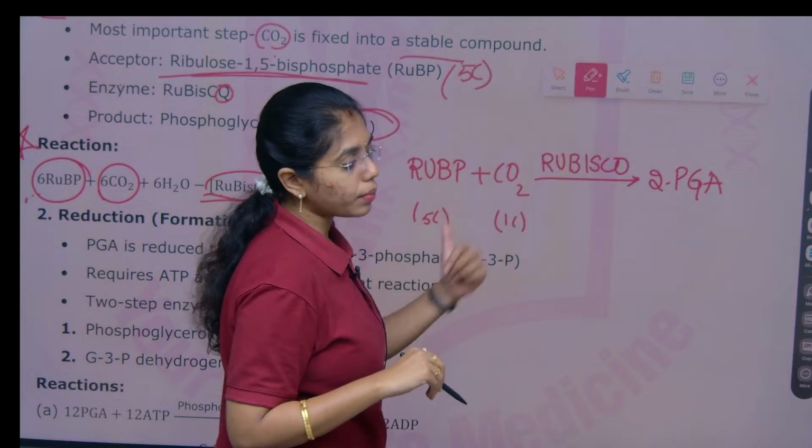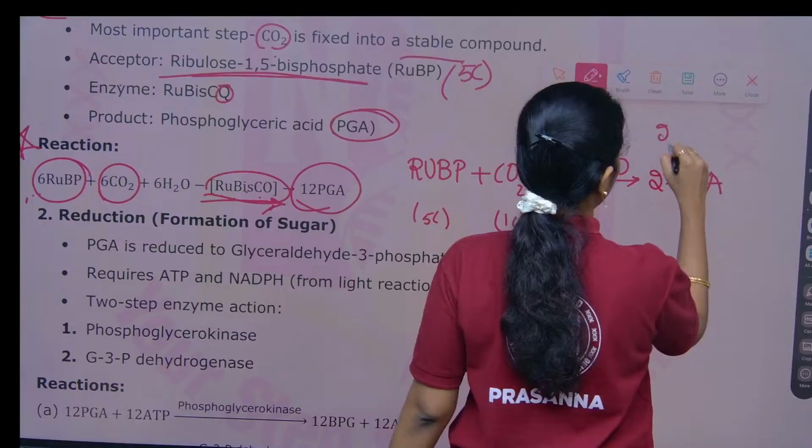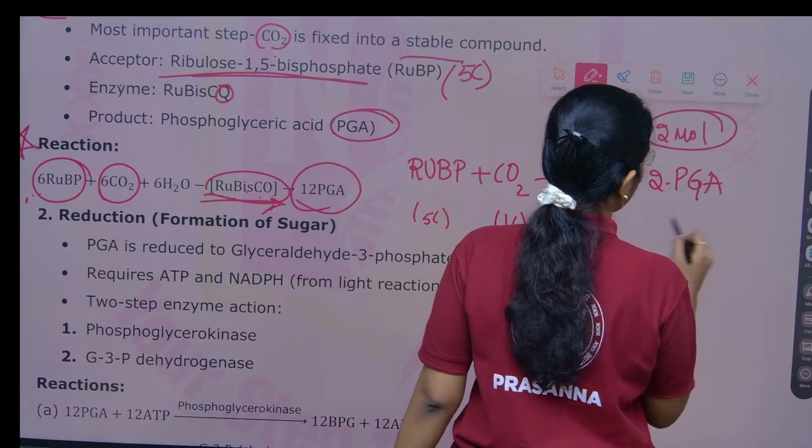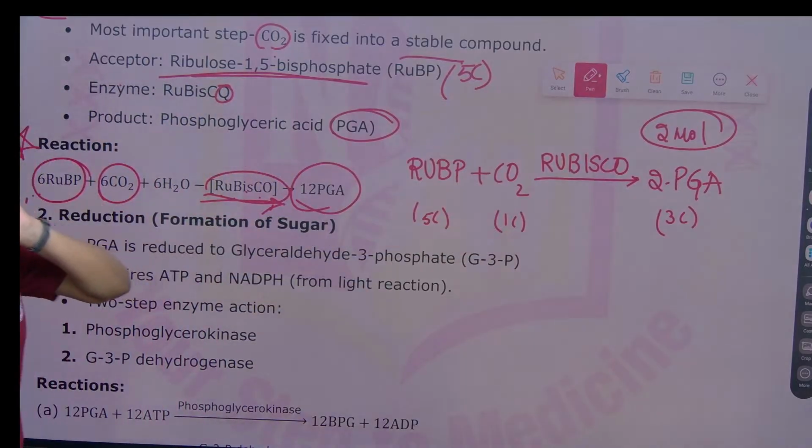After carbon dioxide fixation, 2 molecules of a 3 carbon compound are formed, that is 2 phosphoglyceric acid.